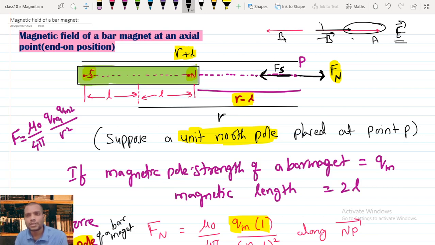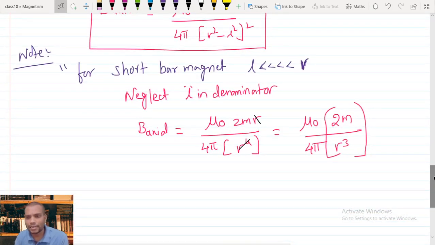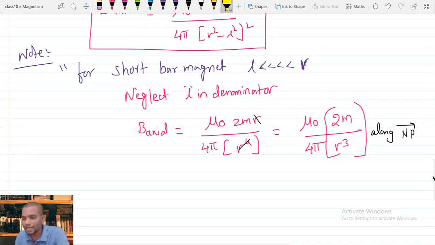If east is in this direction, then both are showing towards N to P. So the resultant vector direction is along N to P. I hope you got that meaning. So this is the final expression we want, the magnitude of the magnetic field at an axial point, and its direction.